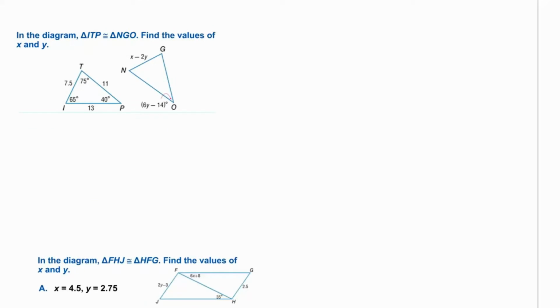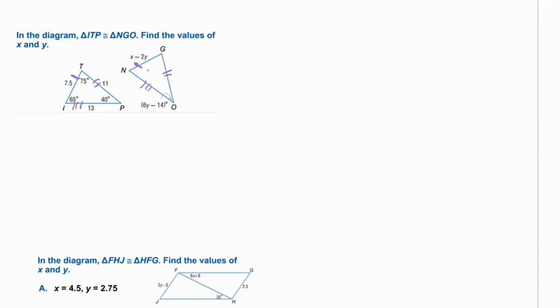In the diagram, triangle ITP is congruent to triangle NGO, so IT is congruent to NG, TP is congruent to GO, and IP is congruent to NO. And we want to find the values of x and y.